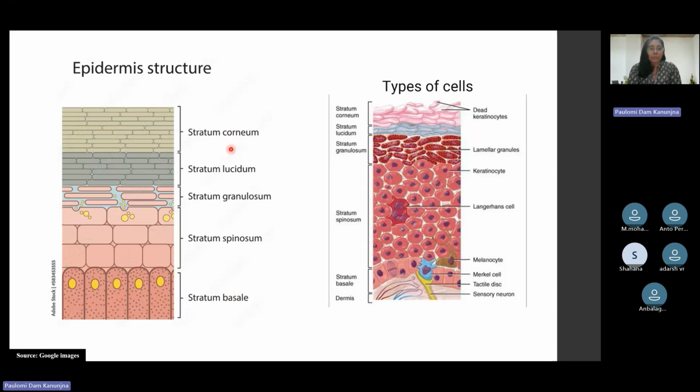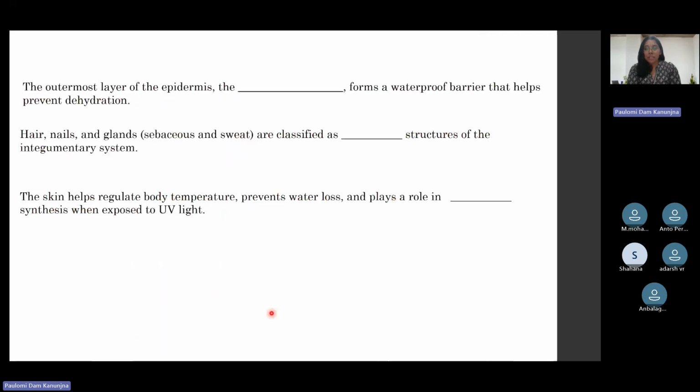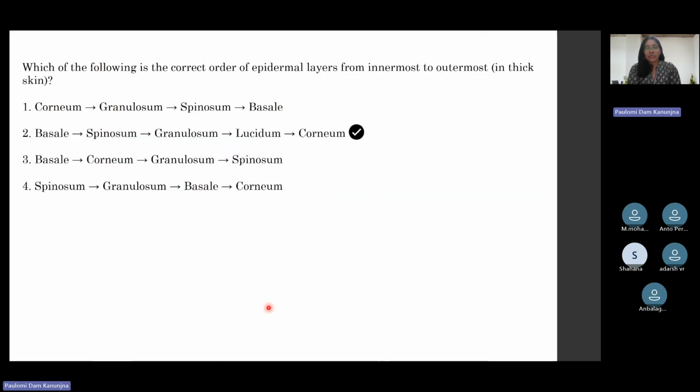So you can just try to remember it by something like CLGSB, so that you don't face this difficulty later. Okay. But coming to this question once again, so you had basal, so CLGS and B, right?